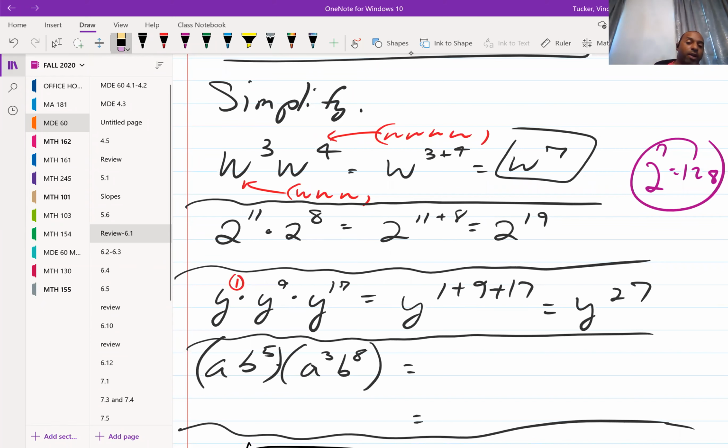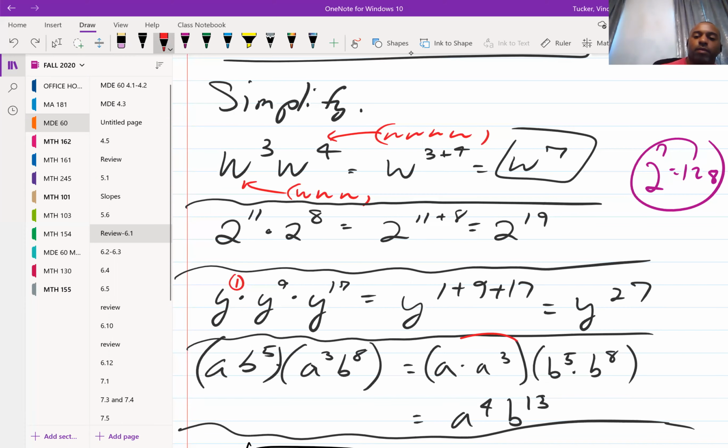You're going to multiply your a's, multiply your b's, because outside of that, there's nothing else that you can do. So a times a cubed, bring that together. b to the 5th times b to the 8th, bring that together. Then go ahead and add your exponents. And once again, don't forget that there's a 1 here. So 1 plus 3 gives you 4, 5 plus 8 gives you 13.